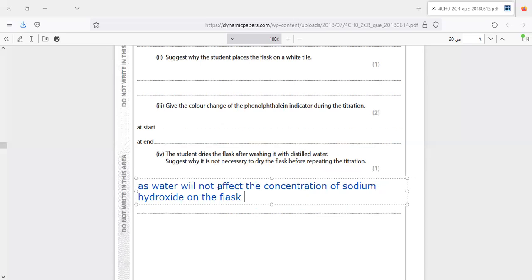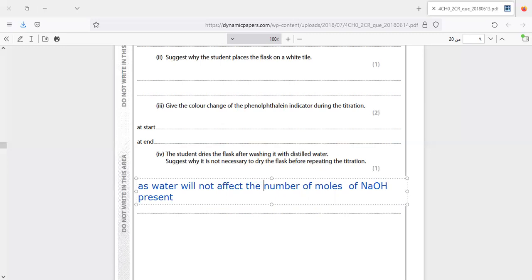You can say because water will not affect the number of moles of sodium hydroxide present. It will not increase, it will not decrease the number of moles of sodium hydroxide. So this is the answer I prefer to write in this question.